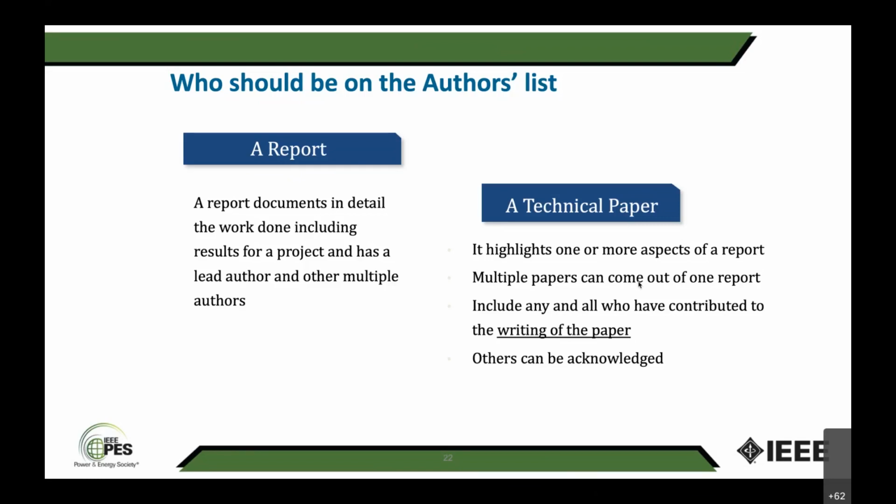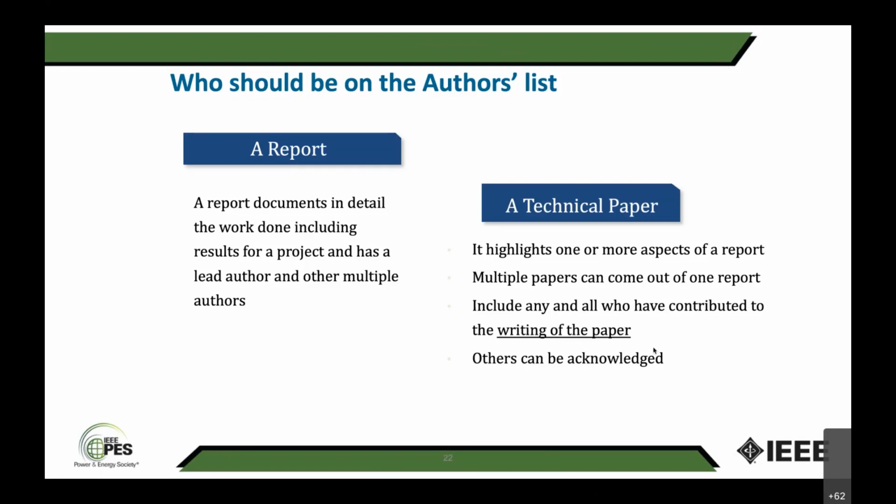And a paper is different. Paper, who is the author? The word author means he or she wrote something in this paper. That's author, right? So I've said here on the right-hand side, this third sentence, include any and all who have contributed to the writing of the paper. Underline, writing of the paper.